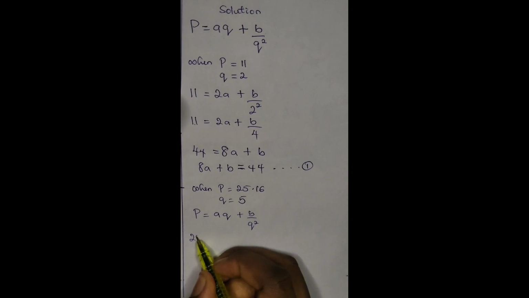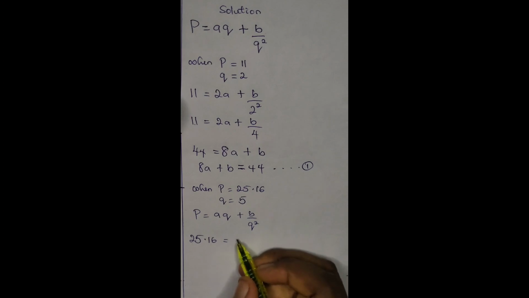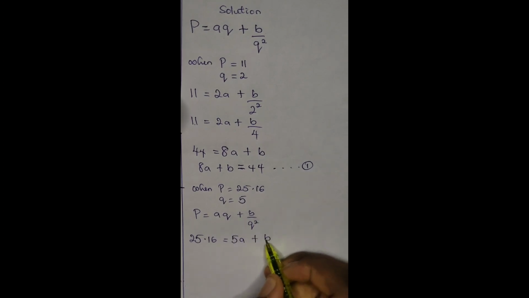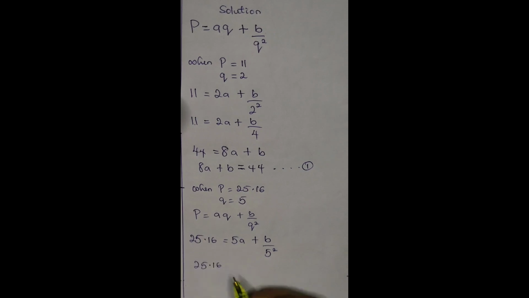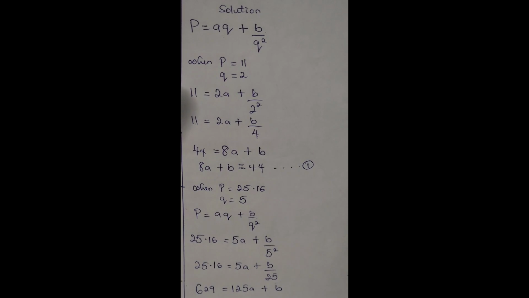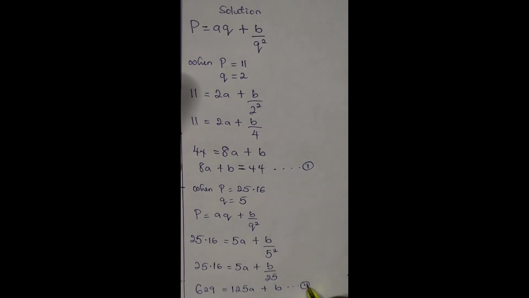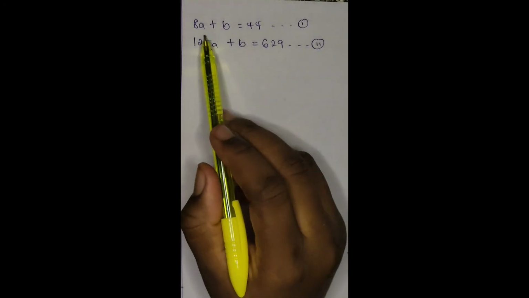So 25.16 equal to 5a plus b over 5 all squared. 5 squared is 25, so we'll be multiplying through this equation by 25. 25.16 times 25 will give us 629 equal to 25 times 5, which is 125a plus b. So this is equation 2.